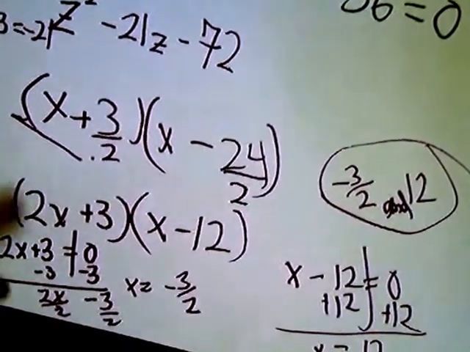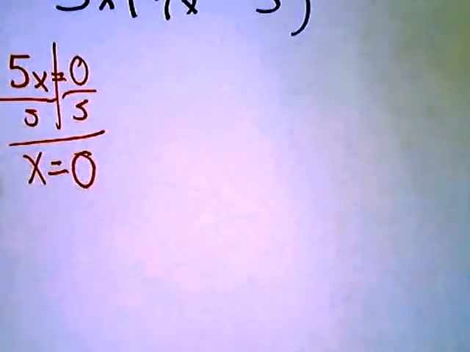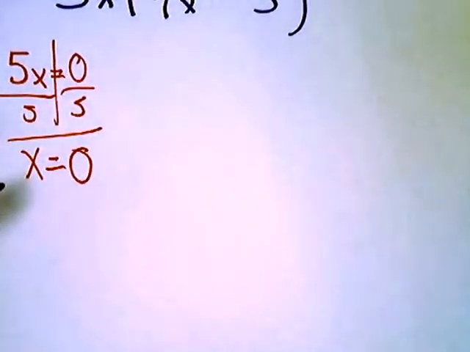I'm going to show you one more just because it's got a weirdo outlier. Occasionally you'll get one that factors out like this, where you just factor out the common factor. In that case, which is not as rare as you would think, you still set each set equal to 0. It just makes this one very easy. All this means is if I graphed this set, it would cross the y-axis at 0.